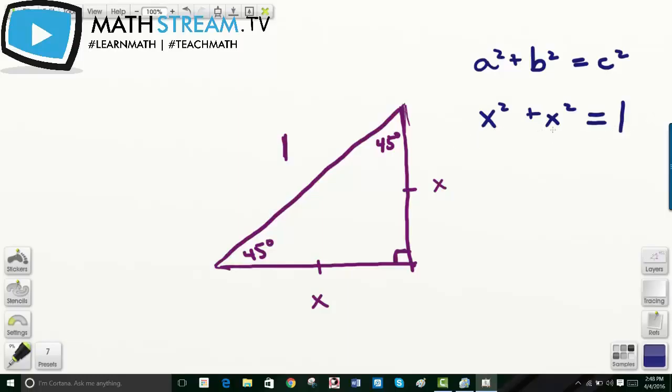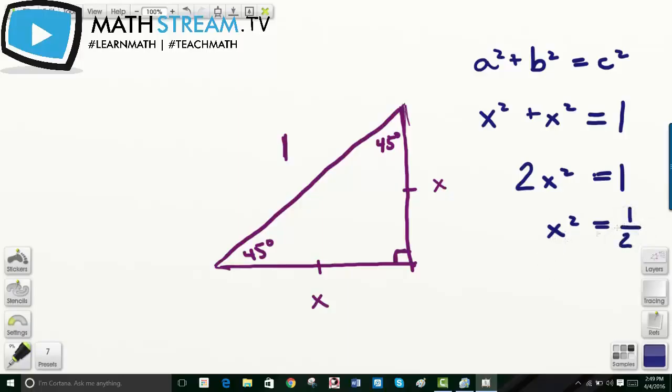If I have two x squareds together, I can add them: 1x squared plus 1x squared gives me 2x squared equals 1. I'm on a good path to being able to isolate x, so I divide by 2. I find out that x squared equals 1/2.